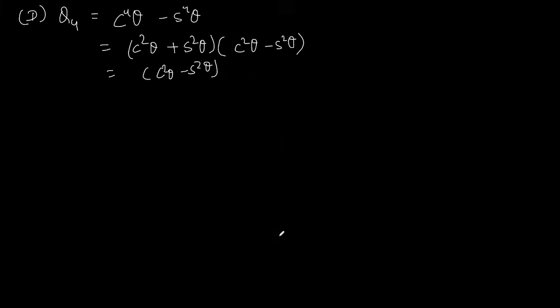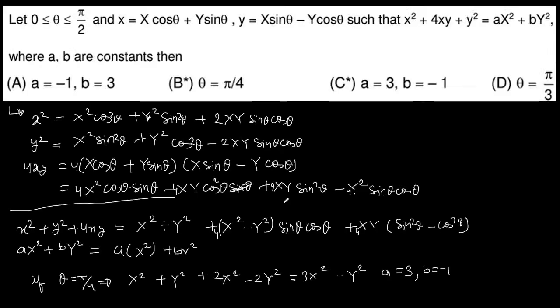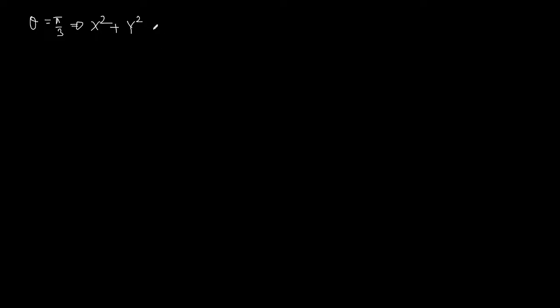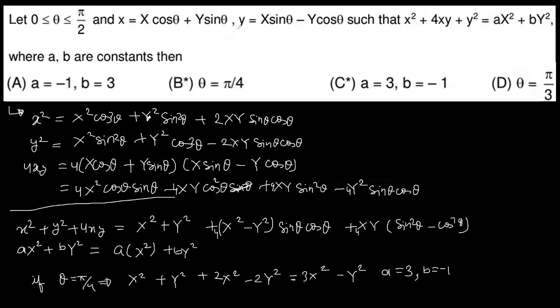So it is something root 3 x square minus y square, and on this side we have 3 by 4 minus 1 by 4 is 1 by 2, so 2xy.